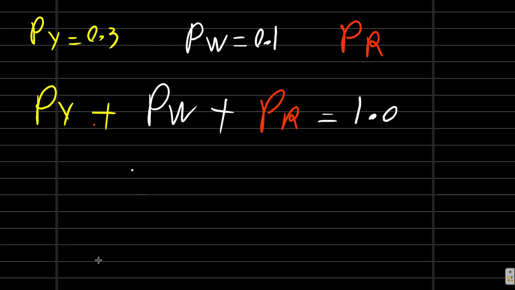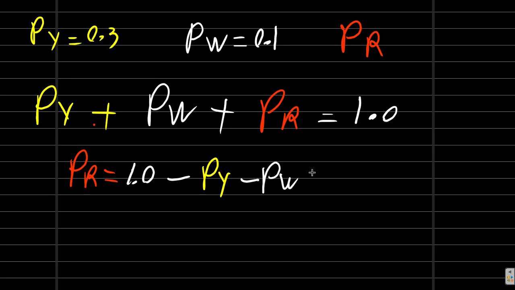Now, if you transpose for the red, the probability that a red is chosen is equal to 1.0 minus the probability of a yellow, because you subtract yellow from both sides. Now you subtract white from both sides, minus the probability of a white. So what we have here is 1.0 minus 0.3 minus 0.1. You see what happened there?